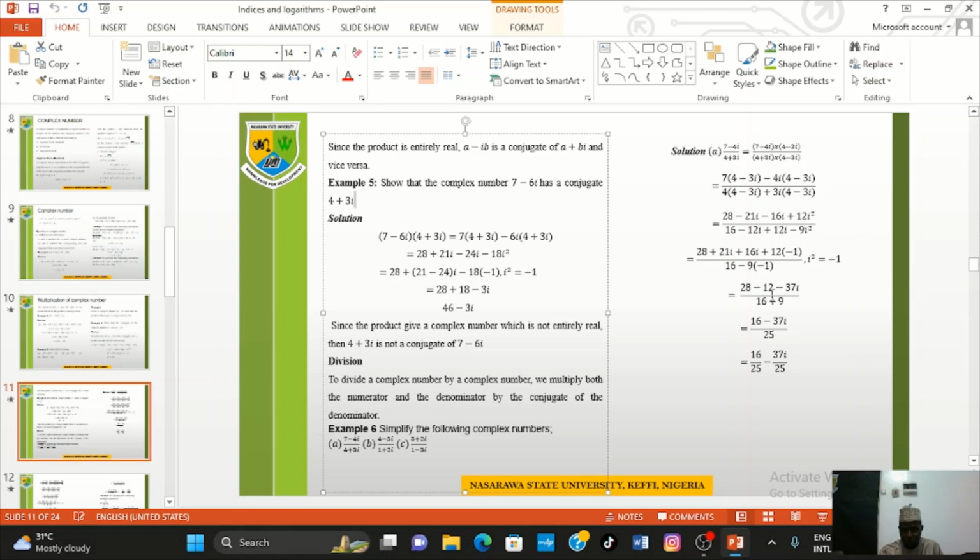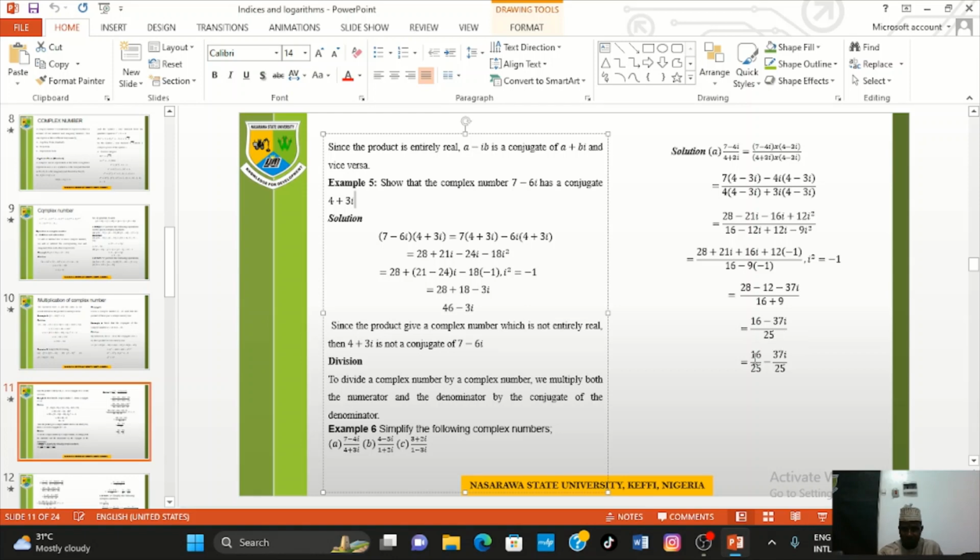So our numerator will have 28 minus 12 minus 37i, all divided by 16 plus 9, because here is minus 9i squared. Our i squared is minus 1. Minus 1 times minus 9 will give us positive 9. So when you simplify it, we have 16 minus 37i all over 25.